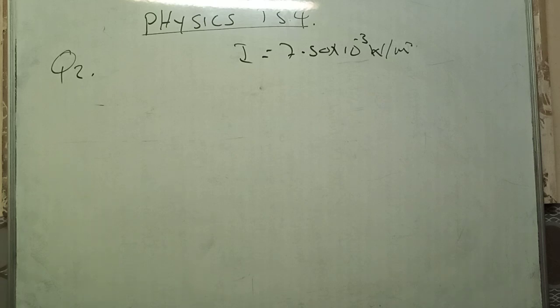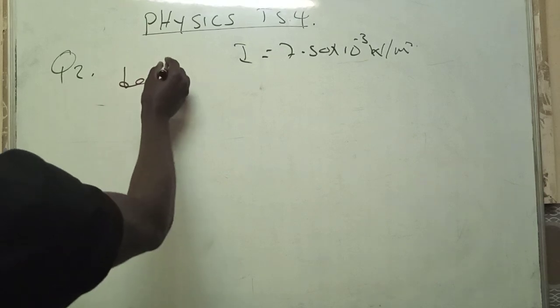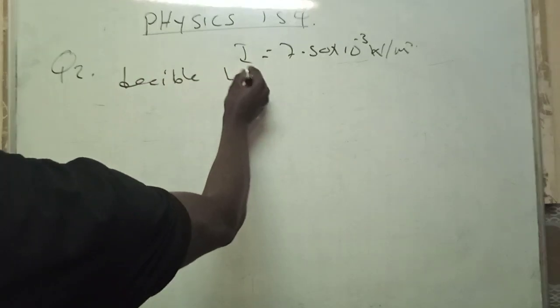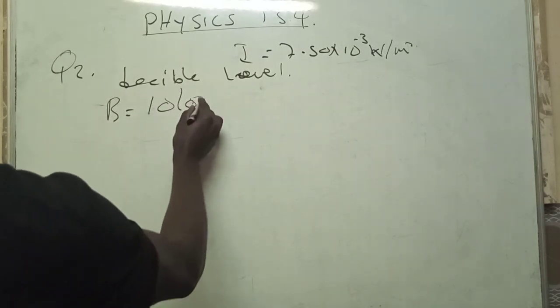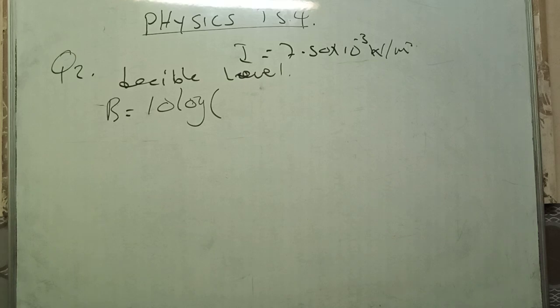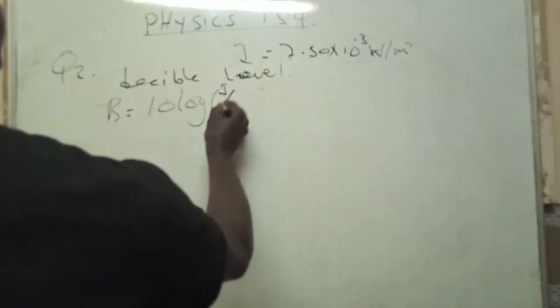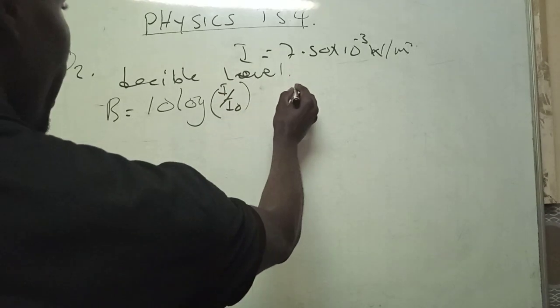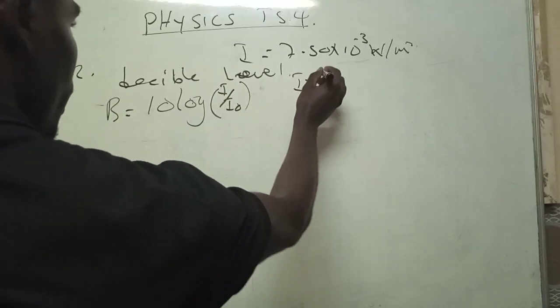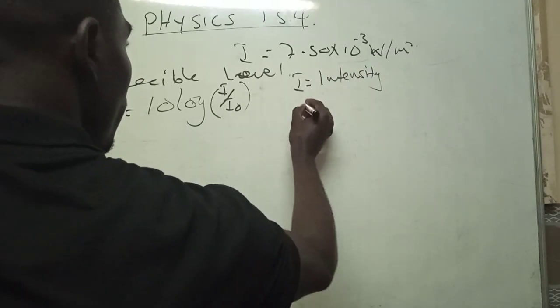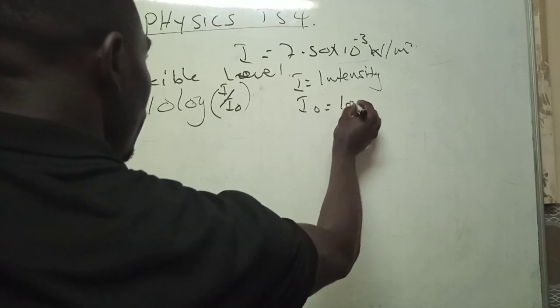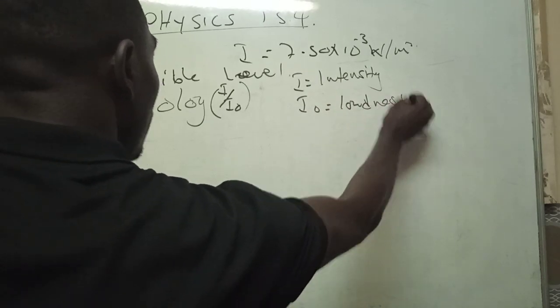So now we know, guys, the formula for decibel level. It's just B is equal to 10 log of, open brackets, I over I0, where I is our intensity and I0 is the threshold of loudness.